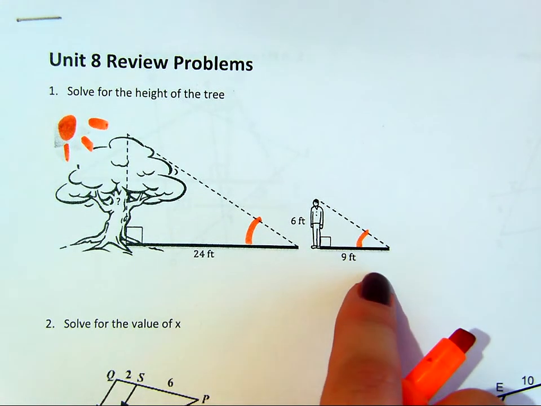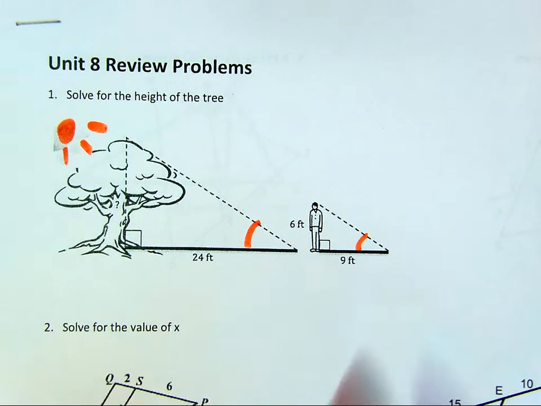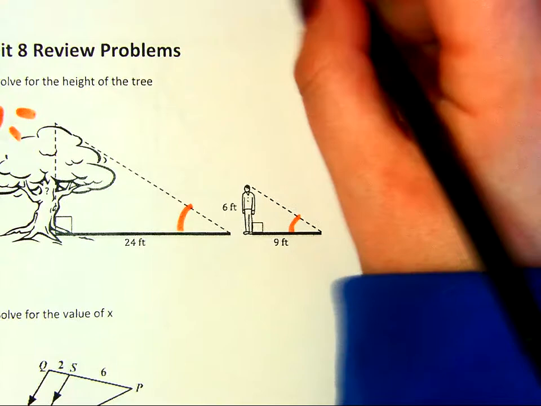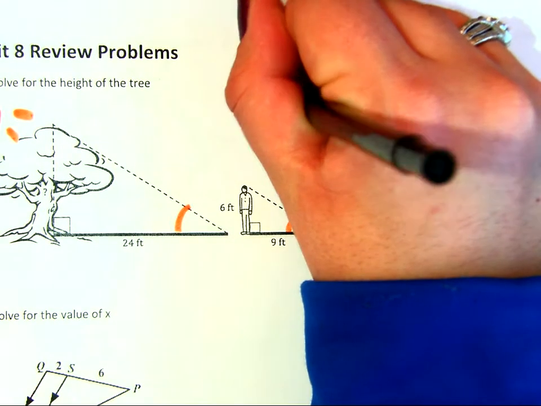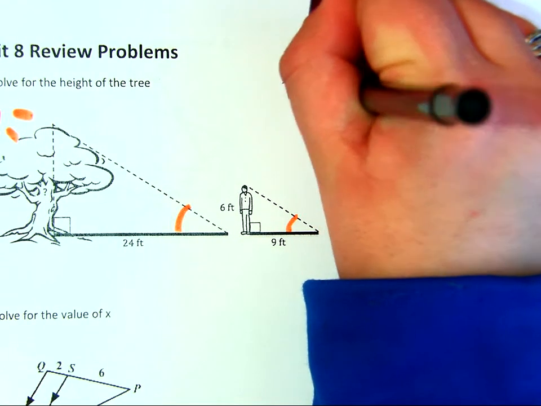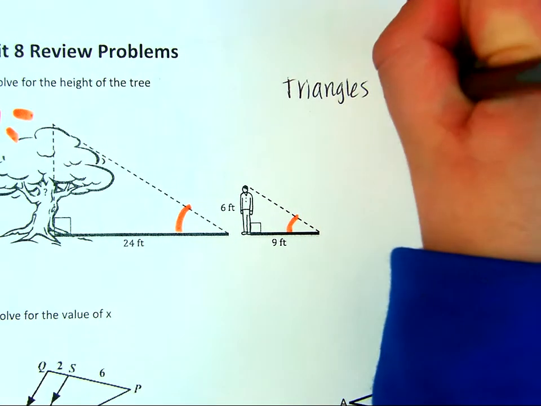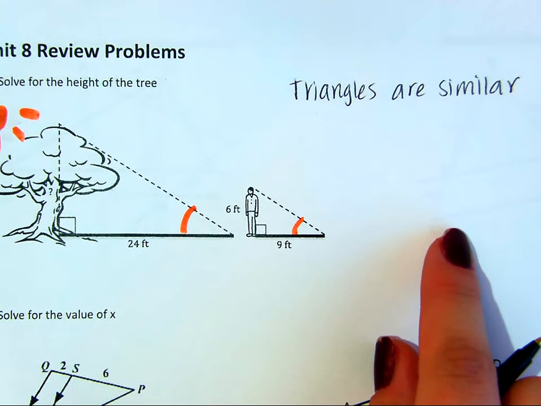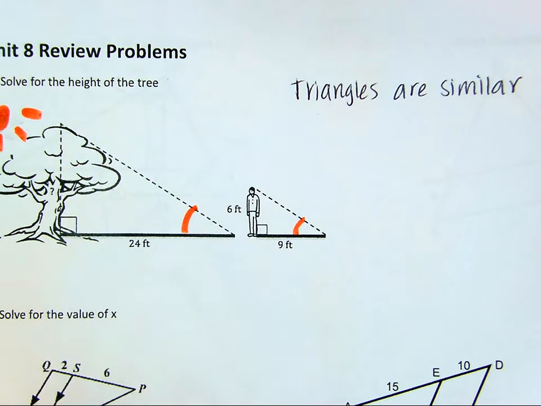So because these two triangles are similar, these two triangles end up being similar by angle similarity.